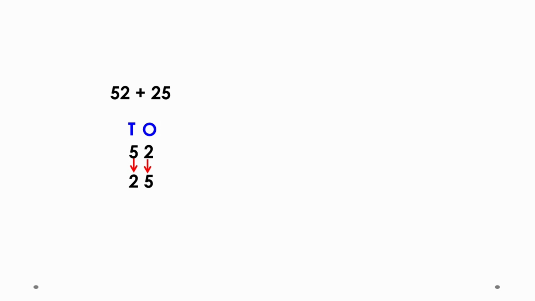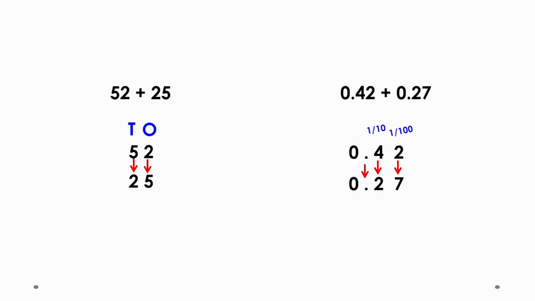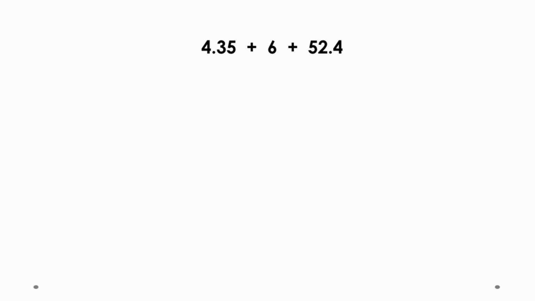For example, if we have 0.42 and 0.27 to add, we will place 0.27 below 0.42, ensuring that the decimal is placed below decimal, 1/10 below 1/10 and 1/100 below 1/100 and add. So our answer here is 0.69.